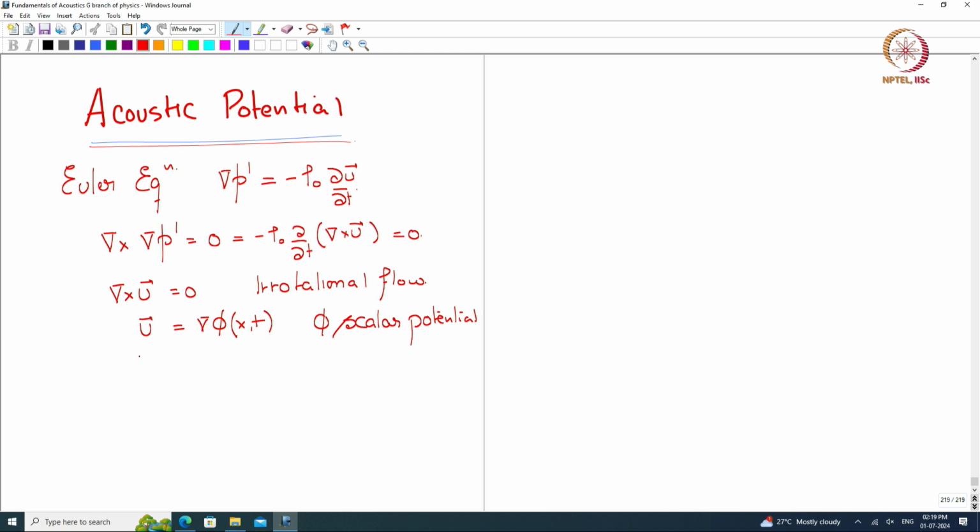Now since U appears as a gradient of phi, phi actually could have been some phi star plus some g of t, such that del of phi is del of phi star and this g of t goes to 0.